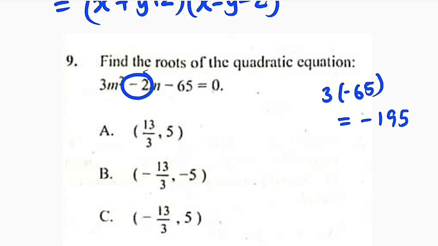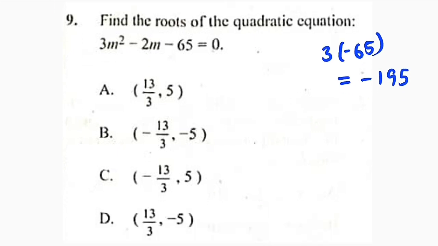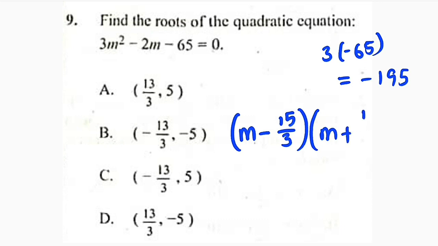And the numbers are definitely negative 15 and positive 13. These two numbers, if you multiply them together, you're going to obtain negative 195, and when you add them together you get negative 2. So how should we factorize this? We take m minus 15, but since the leading coefficient is not 1, you divide by 3. Then the next number, m plus 13, you also divide by 3.